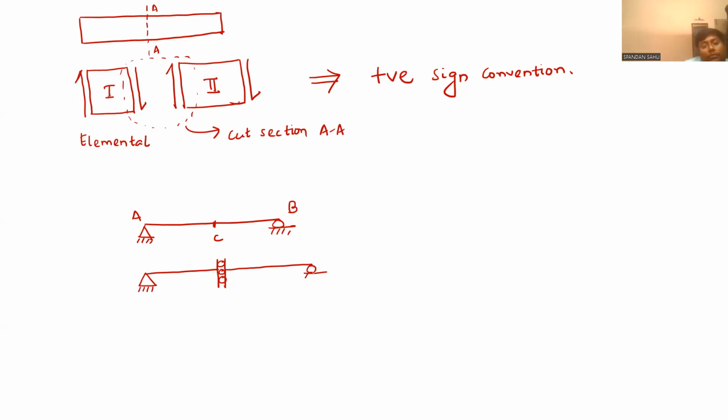Now at this point C, we have given this shear release, so it is acting like a cut section. At this section, our sign convention for positive shear force will be like this: left side downward, right side upward will be positive. So just pull it down and give the right side an upward lift.